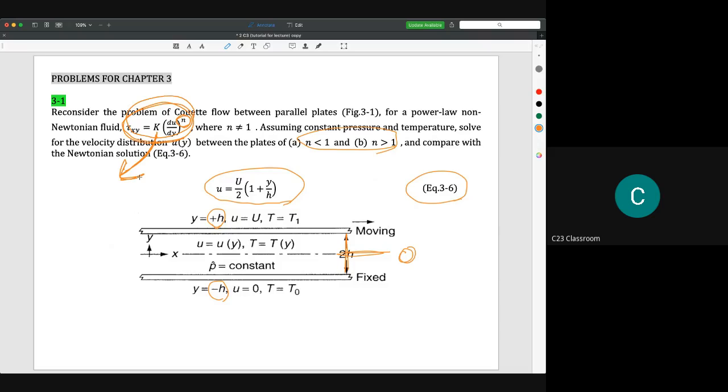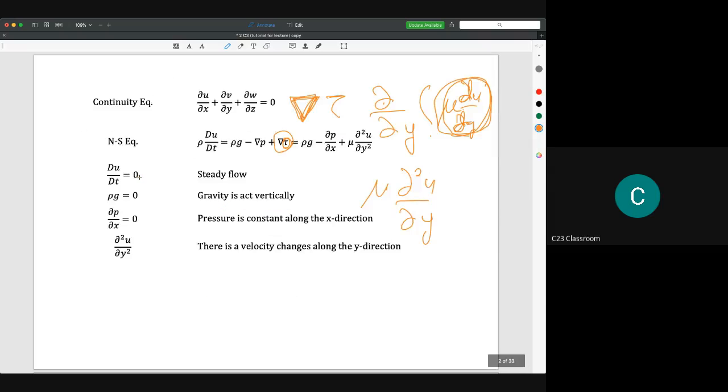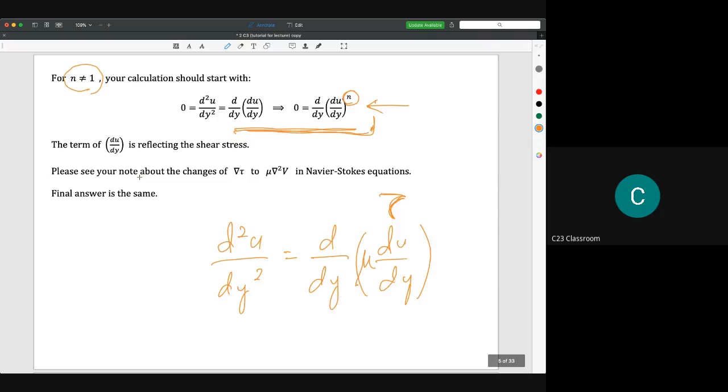The dynamic viscosity keeps changing when the value of n increases, because if n is not equal to 1, your graph is not linear anymore. I think you could get this information.